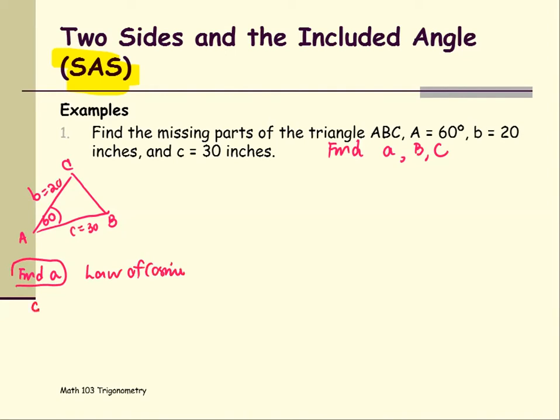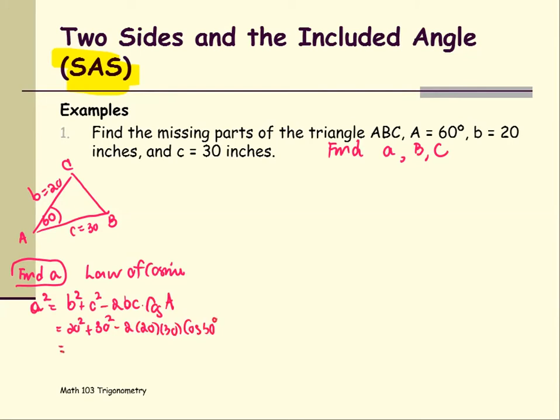So A squared equals B squared plus C squared minus 2 times BC multiplied by the cosine of angle A. B is 20, so 20 squared, C is 30, 30 squared, minus 2 times 20 times 30 multiplied by cosine of 60 degrees.